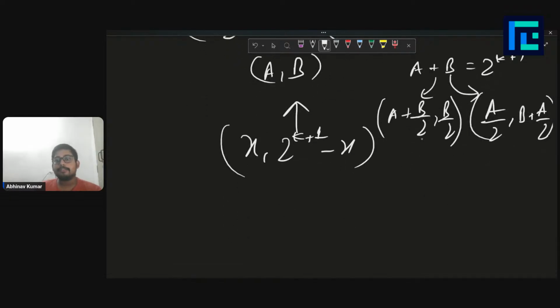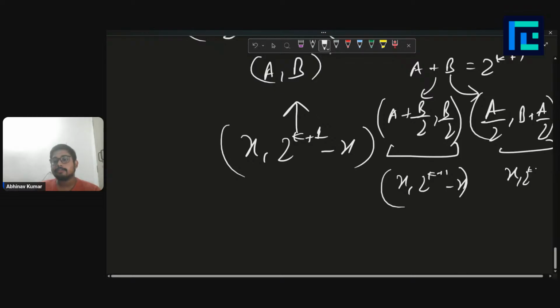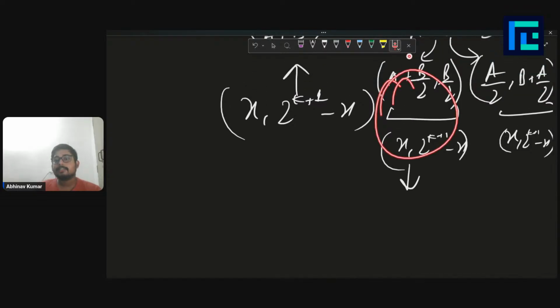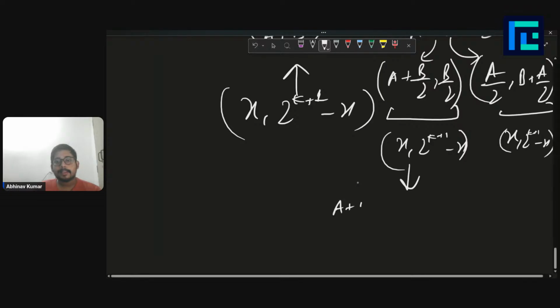Now we check if this state is x comma 2 to the power k plus 1 minus x. For this case, a plus b by 2 is equal to x.